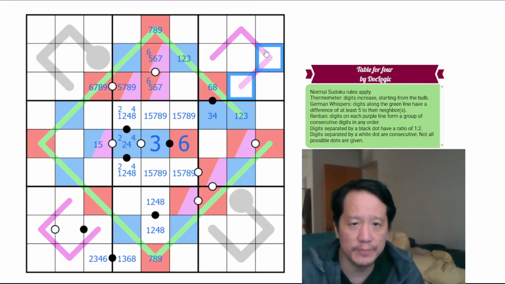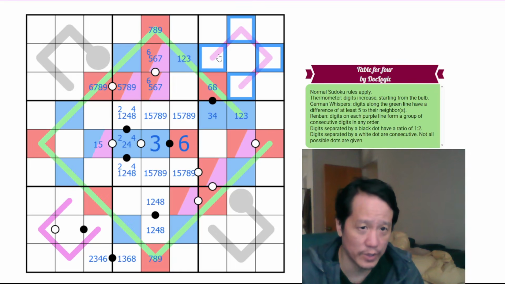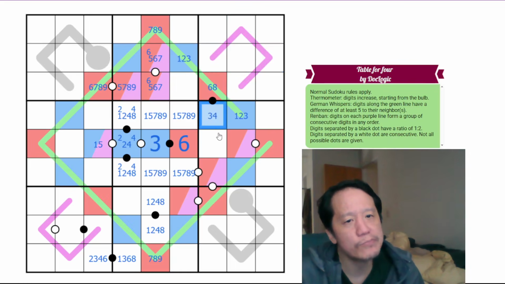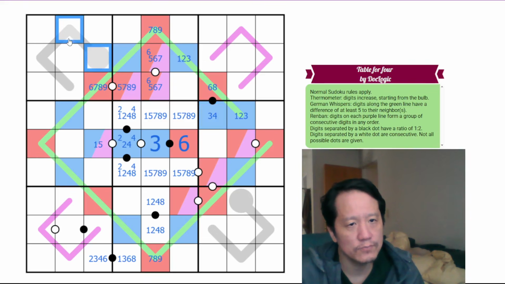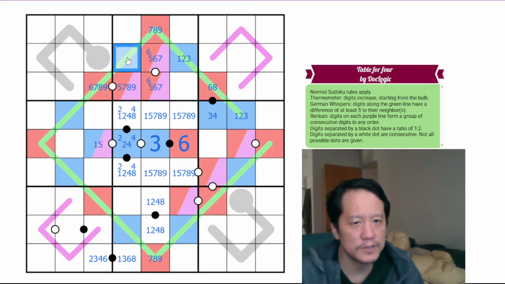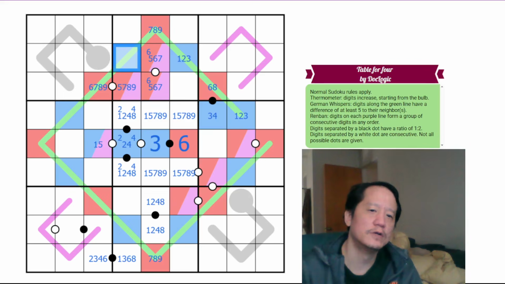So this cannot be 4 high digits here. It has to have some lows. We don't know which. This cannot be 2 or 4. Therefore, it's low as 1 or 3.